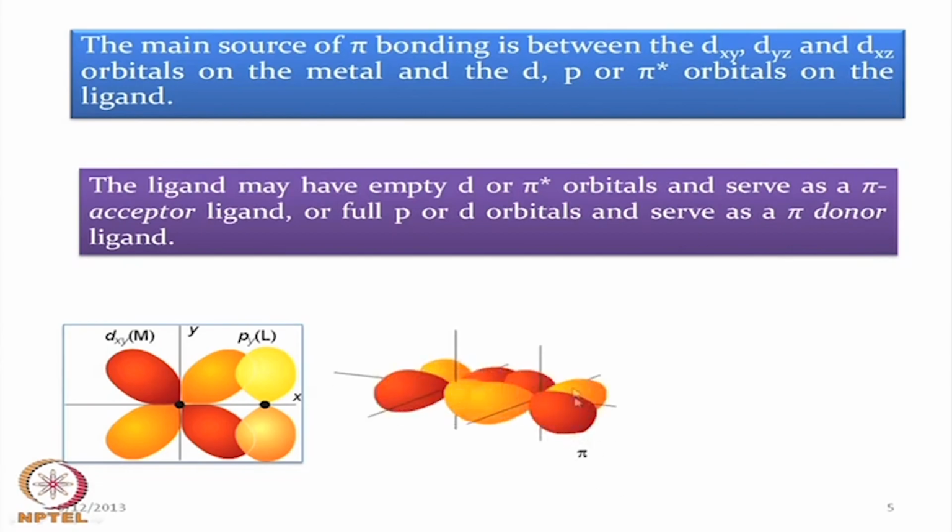Then we can have the other orbitals, that means the d type orbitals or the pi type orbitals.